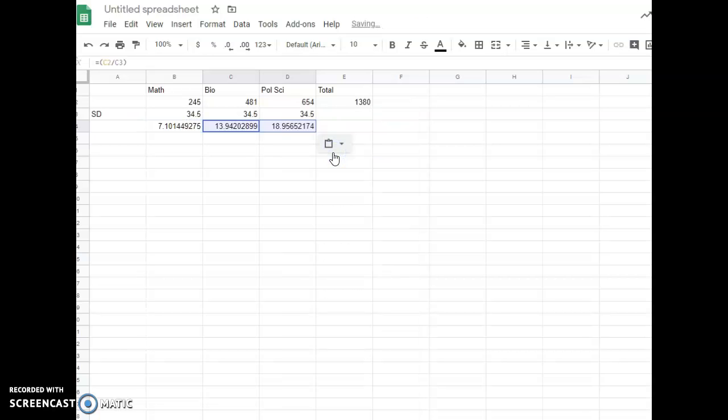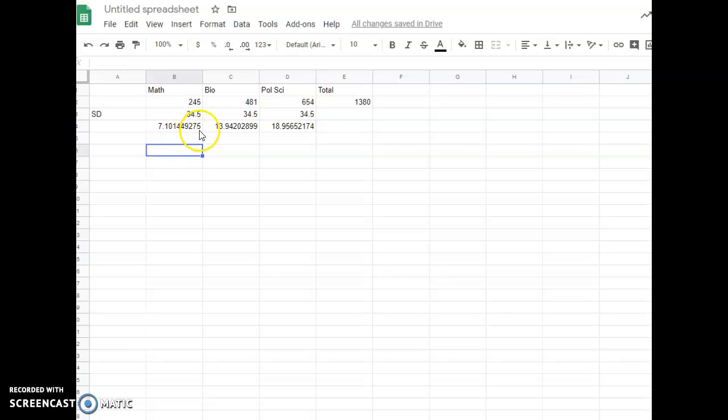It's going to copy the formula, but see how instead of B2, it made it C2 and C3, and then this one was D2 and D3. You can see the formula right there.